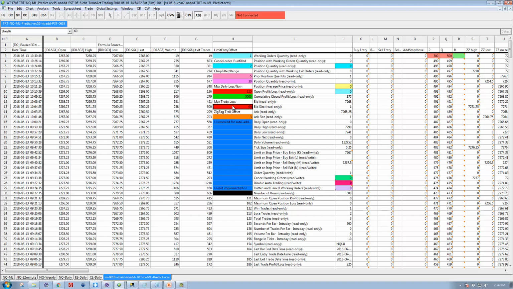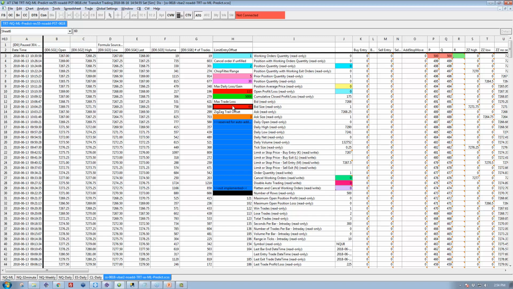Flatten the position. I especially need this because I'm also doing development work that sometimes doesn't work like I expect. But for just regular people, there are legitimate times when the system places its stop and it's rejected by the servers, and so now you're in the market with no stop, and this is protection for that.